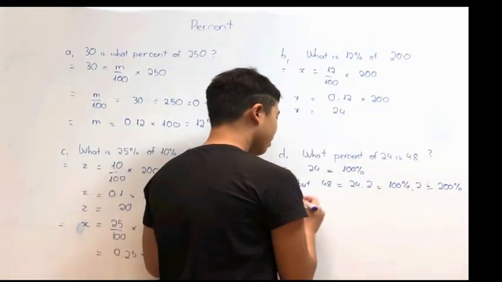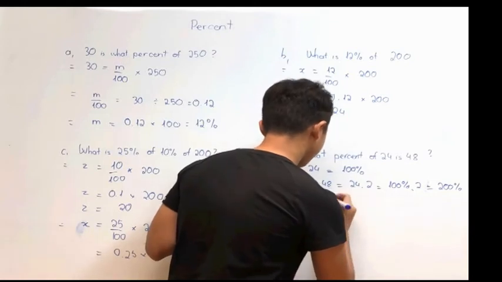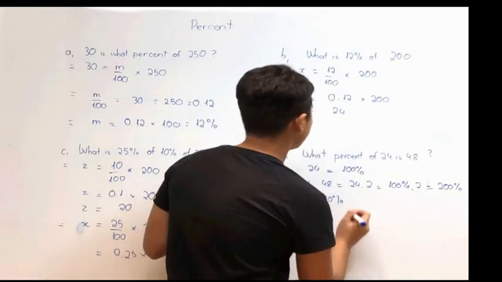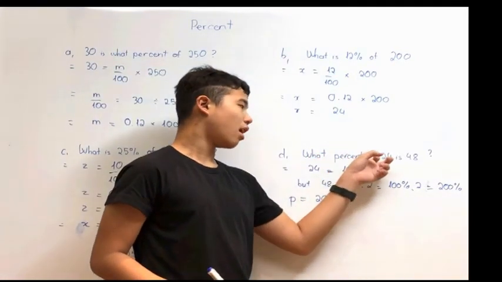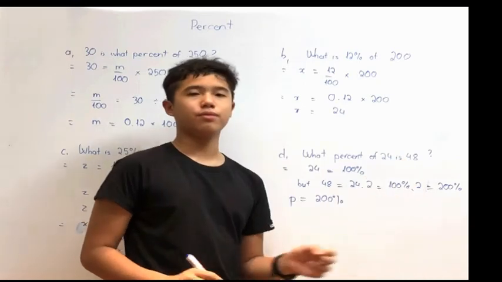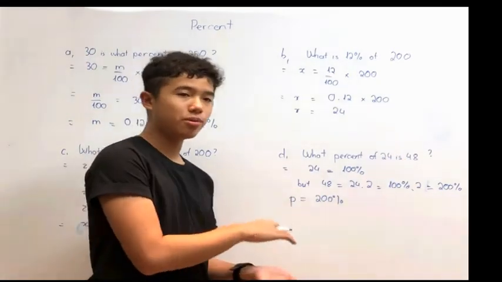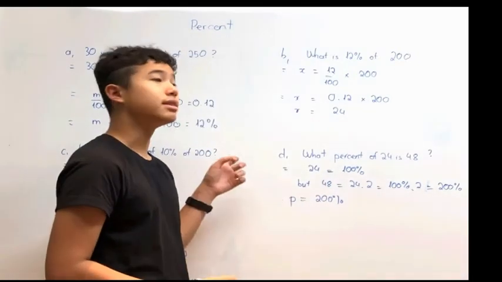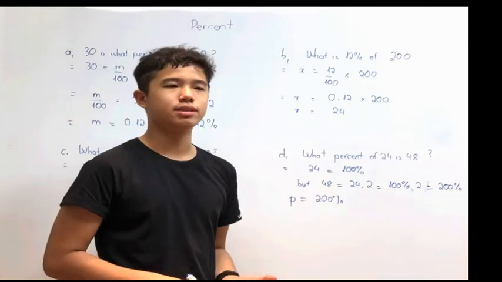For the variable, this one I'm going to name p, is equal to 200%. 200% of 24 is 48. Because 48 is bigger, just do it like that. This one is the easiest. You don't need to calculate anything like in the long ones.